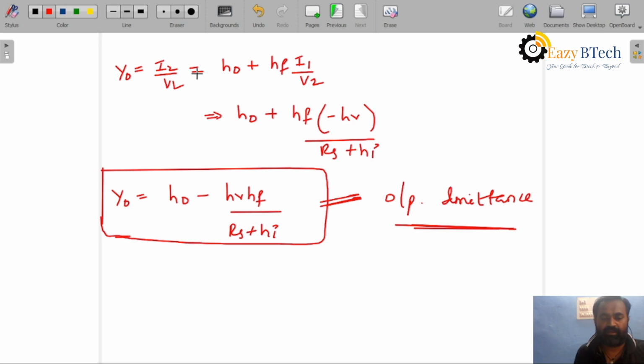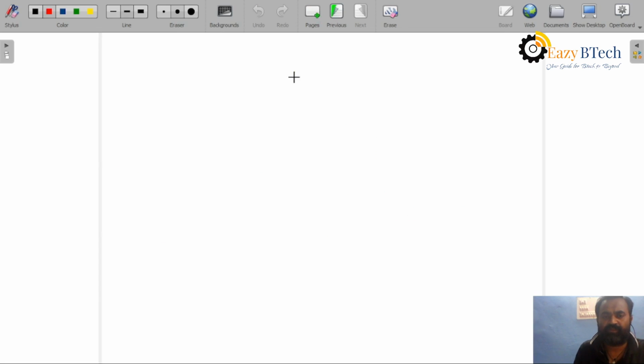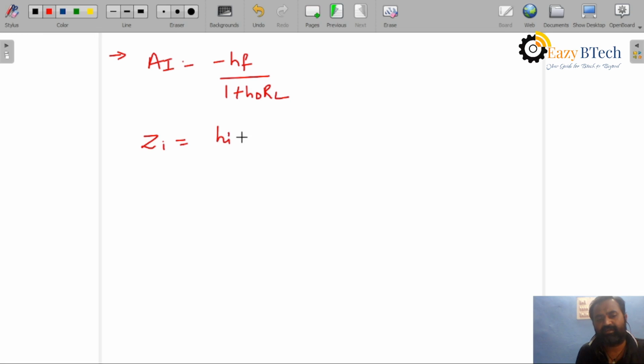You will get the values. Remember, AI is minus HF by 1 plus H0 RL. ZI is HI plus HR AI into RL. Next, AV is AI RL by ZI.